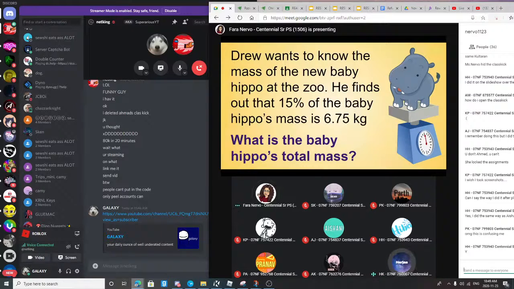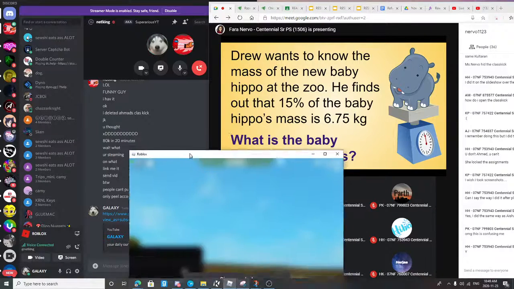He finds out that 15% of the baby hippo mass is 6.75 kg. What is the baby hippo's total mass? 15% of the mass of this hippo is 6.75 kilograms. What does the baby hippo weigh in total? 15% is 6.75. What's 100%?